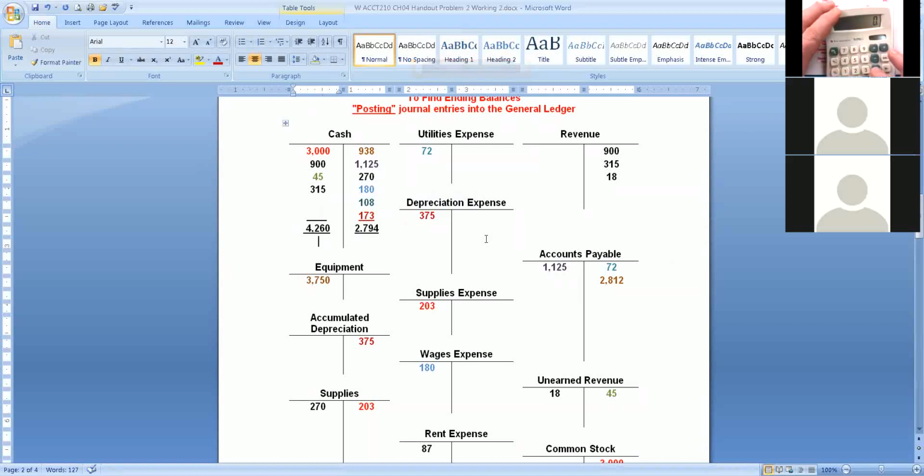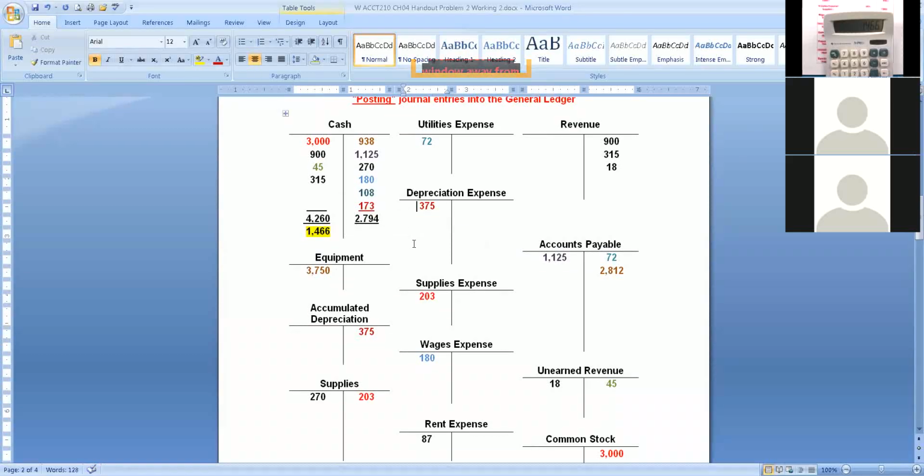All right, so 4260 minus 27.94. So that is our ending balance in our cash.